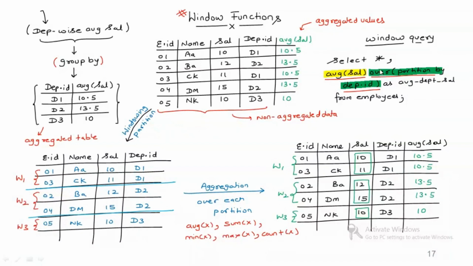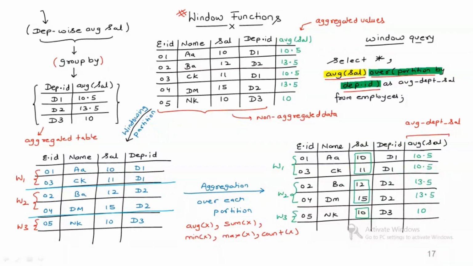I'm defining a window using the clause over. So we use the over clause to define a window, and the window is partitioned by department ID. Over each window, we apply the function average of salary, and I'm calling this new column AVG department salary. So I'll get the column name as AVG department salary.